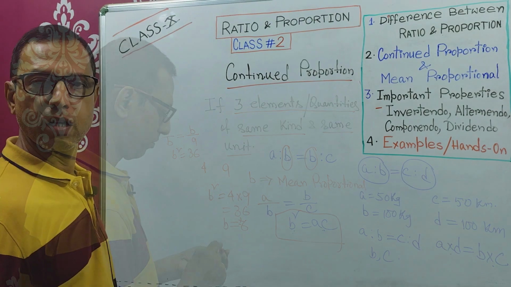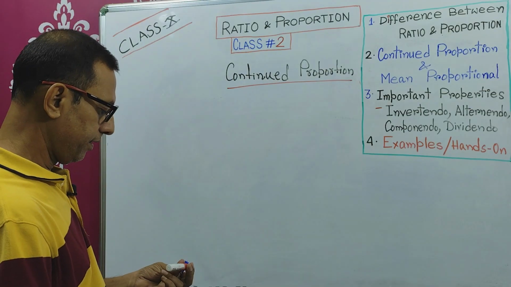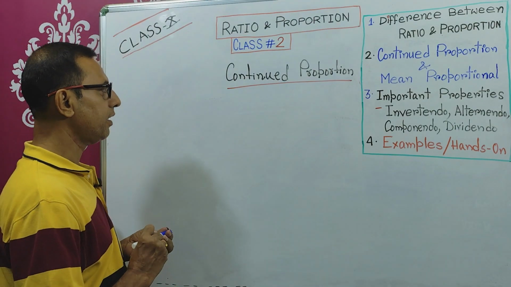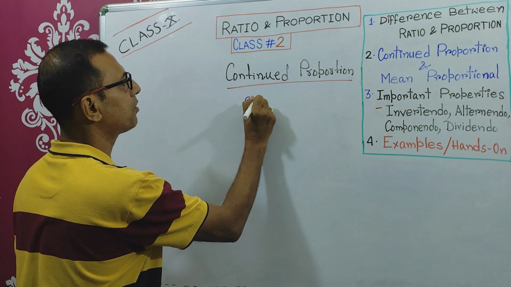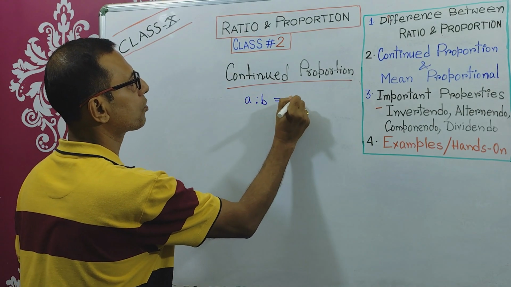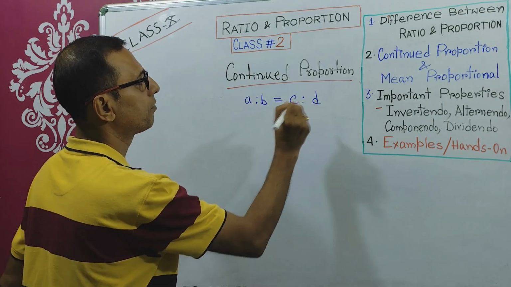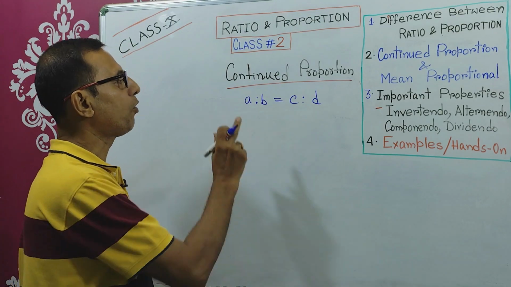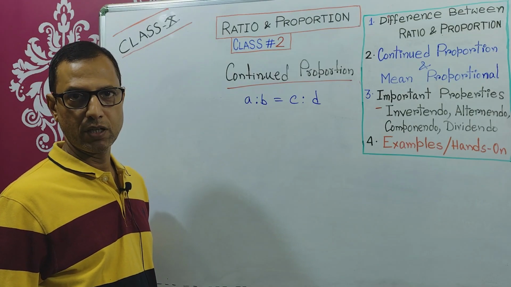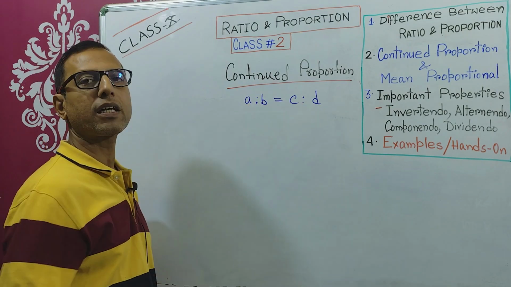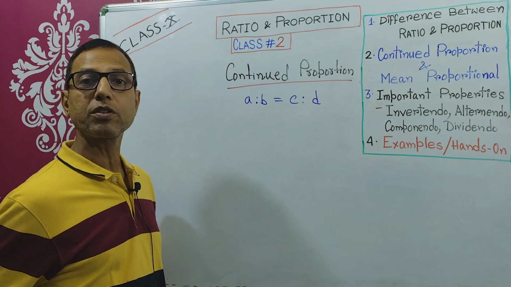Got it? Now let's say there is a proportional relationship. It is given A is to B equals C is to D. How will you make it a continued proportion?